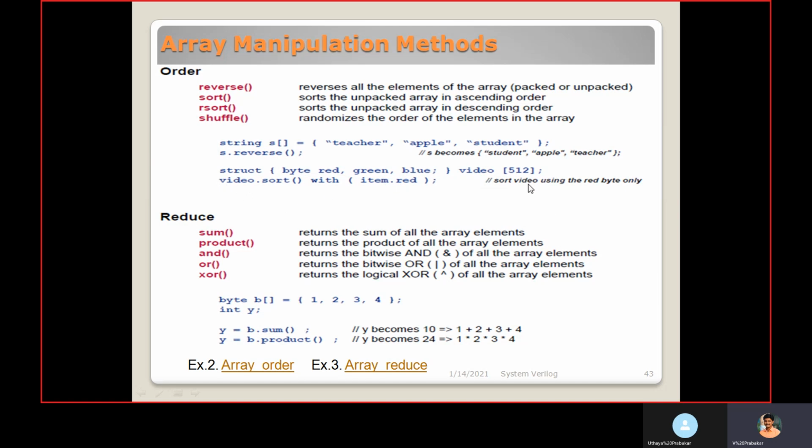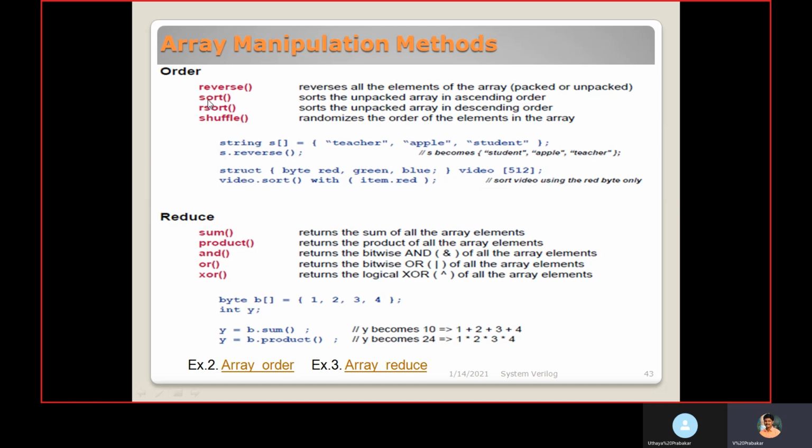With video dot sort, using the method with item dot red. With respect to red, I want to arrange the whole thing in ascending order. If I want to arrange in descending order, I use rsort. And shuffle is to shuffle the elements inside the array.